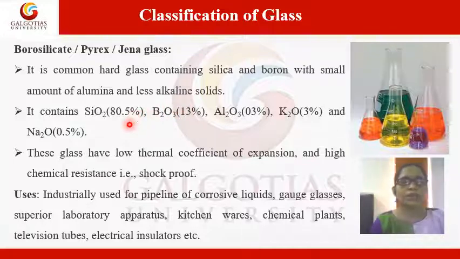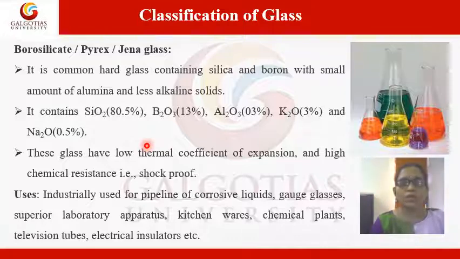It contains around 80.5% silicon oxide, 13% boron oxide, 3% aluminum oxide, 3% potassium oxide and 0.5% sodium oxide. These glasses have a low thermal coefficient of expansion and high chemical resistance. That means this glass is shockproof.